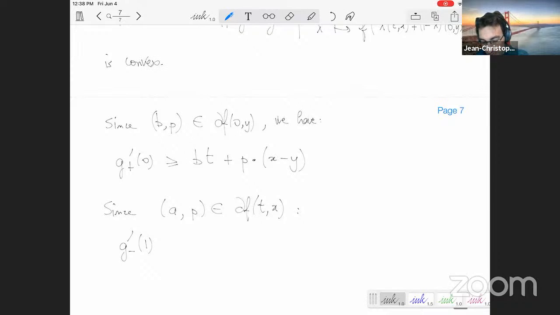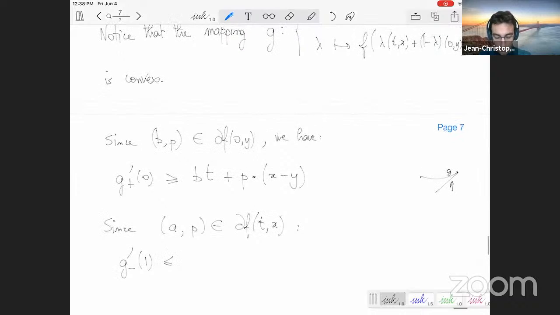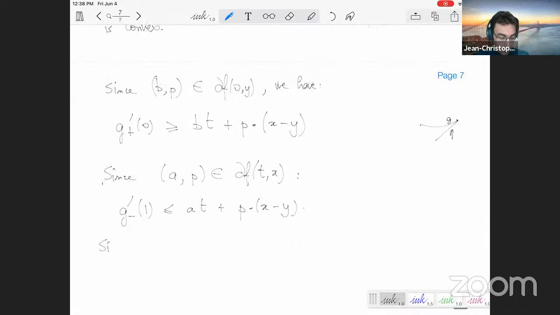Here the drawing is a bit opposite. We are at the last point. We have this tangent here, and this is the function g. So we're going to get an upper bound on the derivative, and again, it's the same computation, but now the slopes are a and p. So we get this, and since g is convex, these two things must be compared.